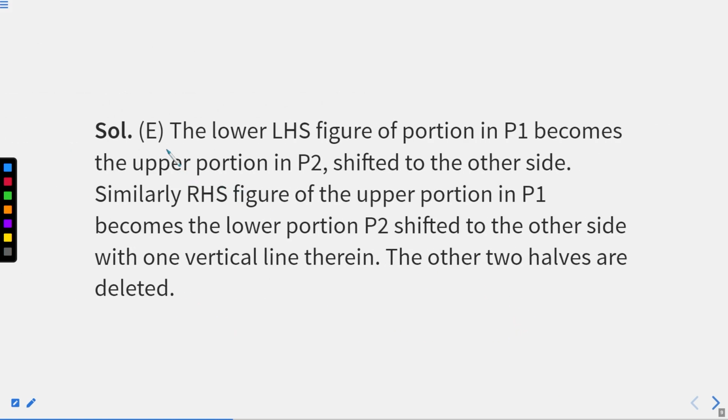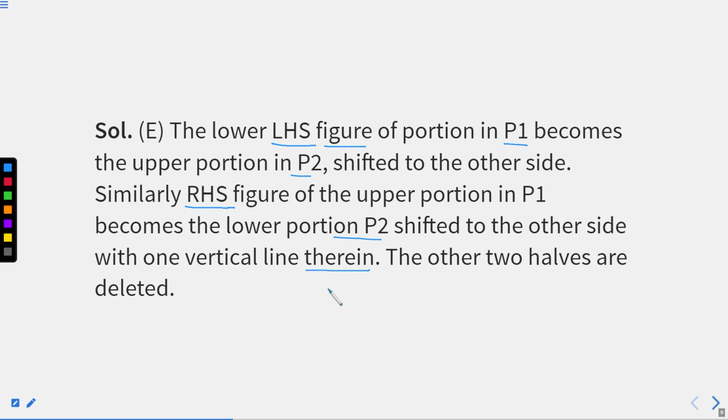Here in the solution part, the lower LHS, which stands for left hand side figure of the portion in P1, becomes the upper portion in P2, shifted to the other side. Similarly, the right hand side figure of the upper portion in P1 becomes the lower portion in P2, shifted to the other side with one vertical line therein.